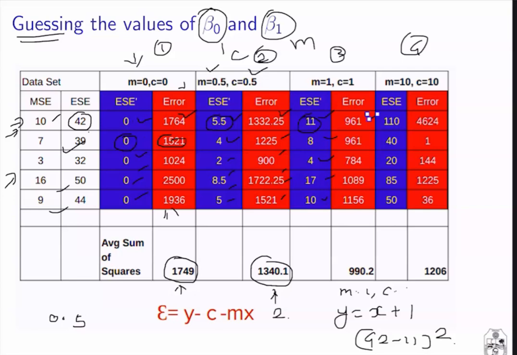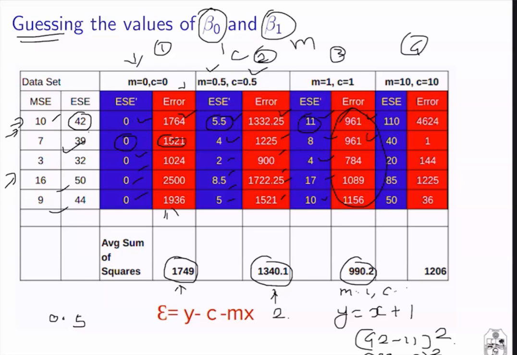For the second data point, the actual value is 39 and the predicted value is 8, whole square, so the error will be this much. Like this, I calculated the error for all the data instances, and at the end the average value of the error is 990.02.